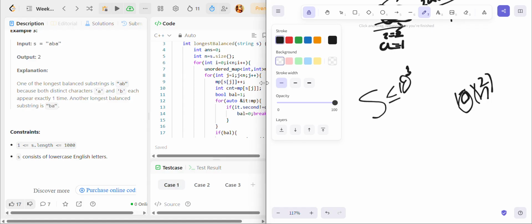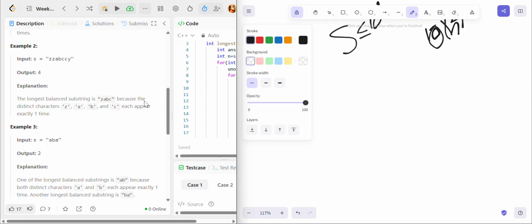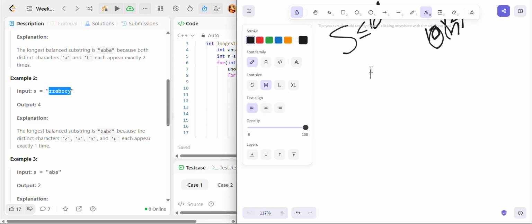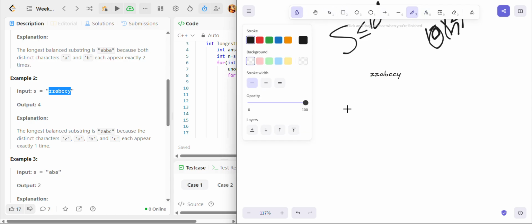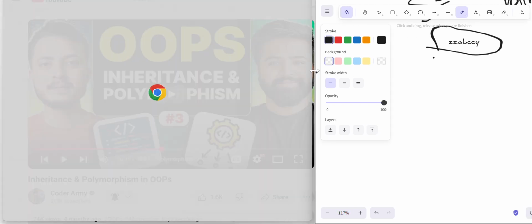So what I did was, I have iterated through this one time. You can see here.